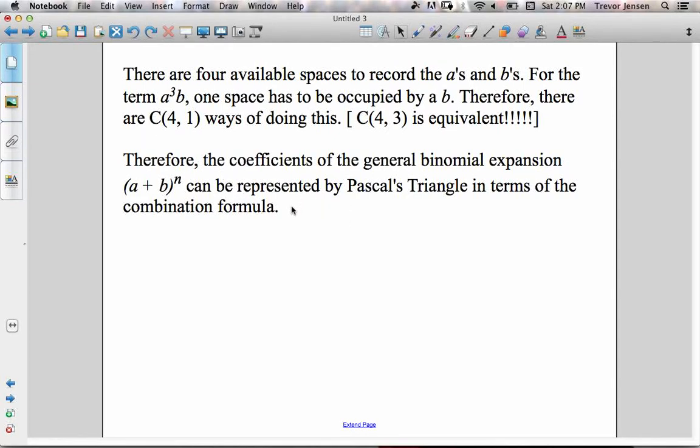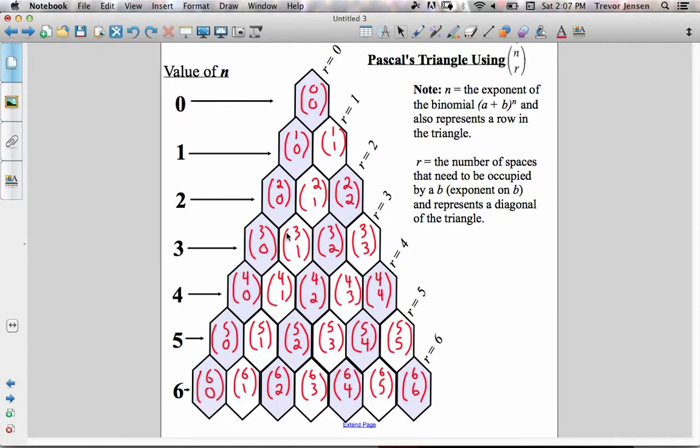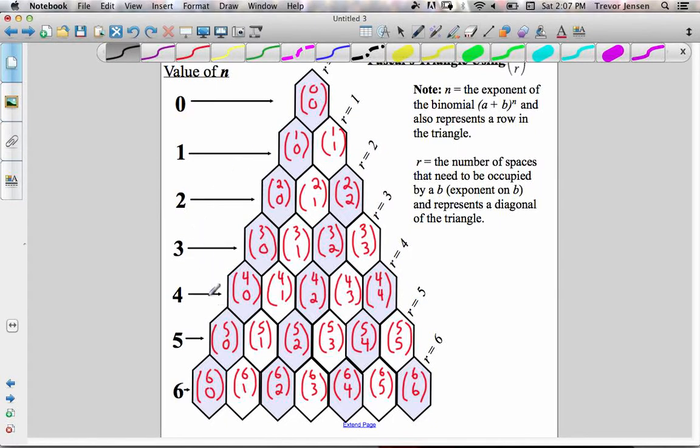Therefore, the coefficients of the general binomial expansion (a + b)^n can be represented by Pascal's triangle in terms of the combinations formula. So we could fill out Pascal's triangle using combinations. Okay, I'm not going to explain this too much because I don't want to overcomplicate it, but basically to get the coefficients, let's look at the 4th row here.